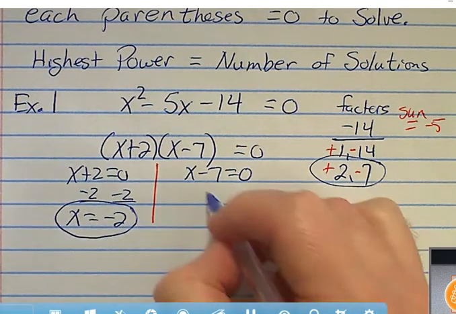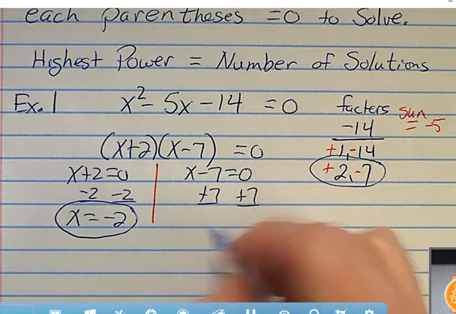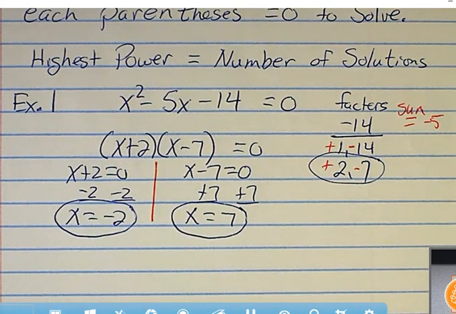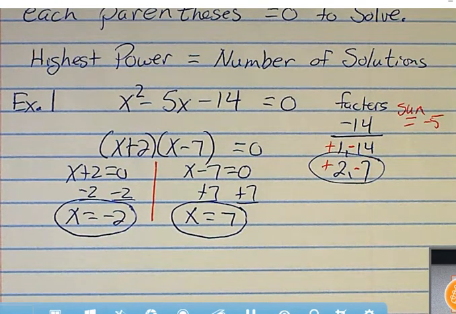And for x minus 7, you'll add 7 to both sides. Okay, and there you go. You've got your 2 answers. And again, we started off with x squared, so there are the 2 answers you're looking for.